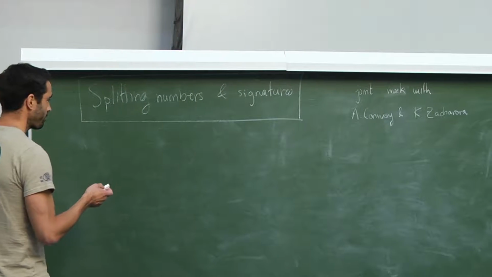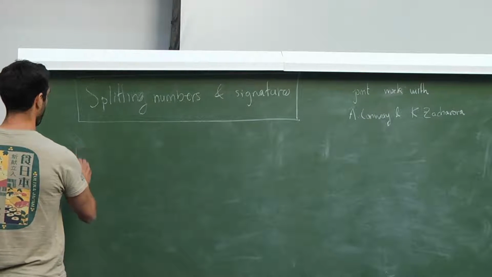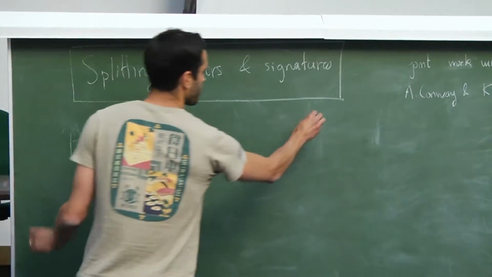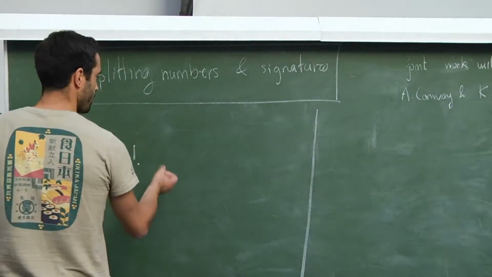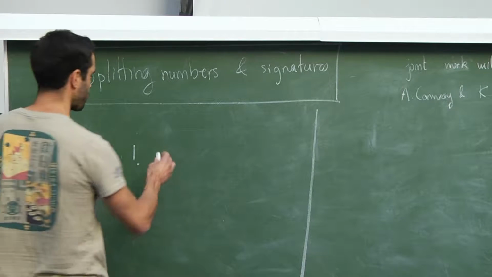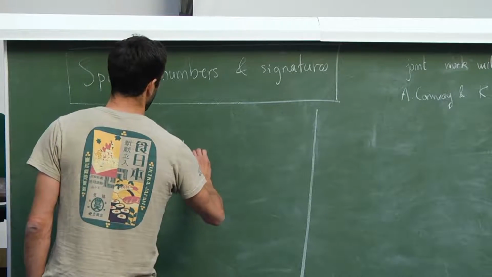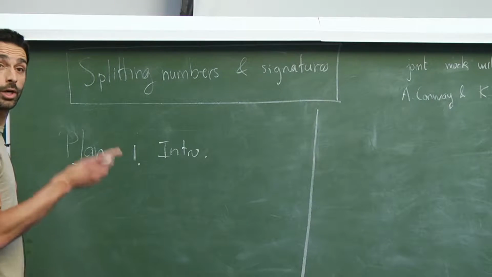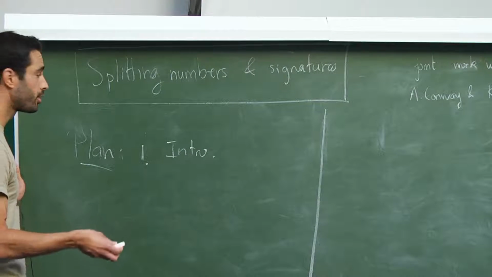So maybe I give you just a short plan of the talk. First, I will just give a lengthy introduction to the subject, where results of a couple of people that are present in the room will be mentioned.